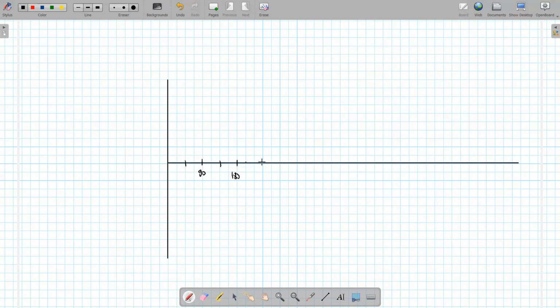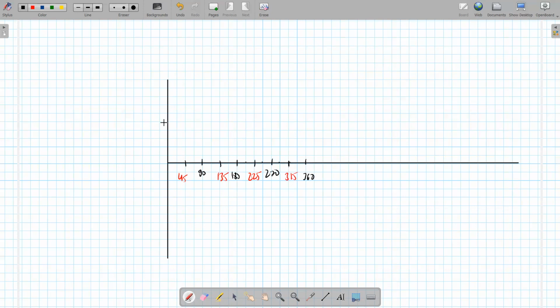And then 1, 2, 3, 4, 270. 1, 2, 3. You can see where this is going. 360. So this is 45, this is 135, this is 225, and this is 315.